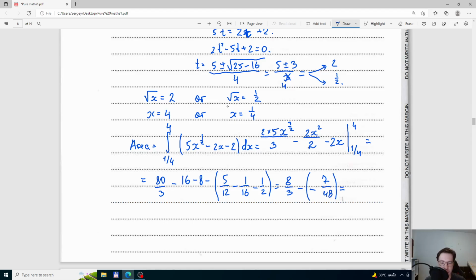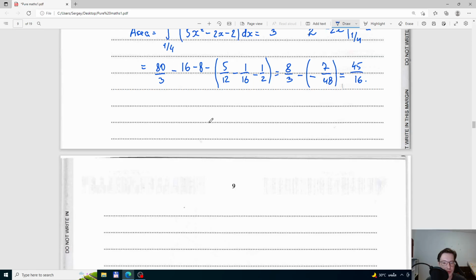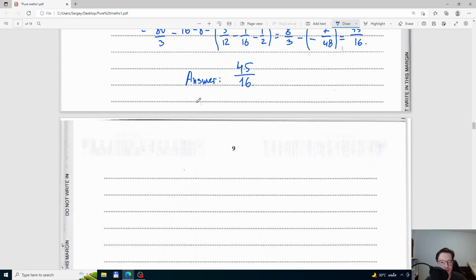Okay, and then the minus and minus gives me plus, so altogether there's going to be 45 over 16. Not a very nicely looking answer, but okay, I'll just go for it. 45/16 it is.